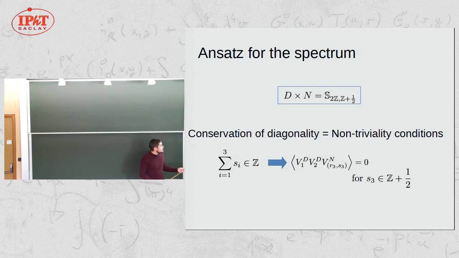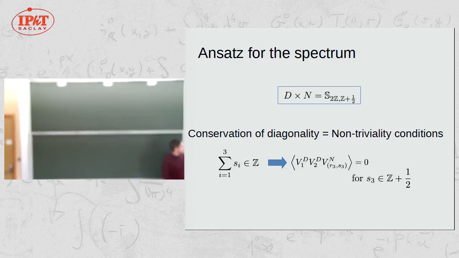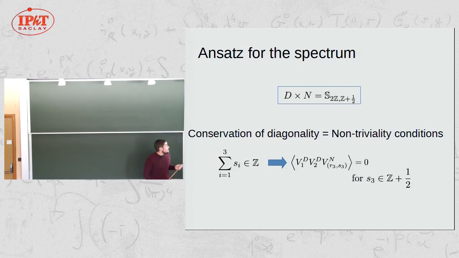Thus, if we take a 3-point function with 2 diagonal fields and 1 non-diagonal field, we find that it will always be 0 because the index S3 of the third field is a half integer. So this condition is not satisfied. So even though we said that we wanted this property to hold as a part of taking the limit, it's also interesting to see that it was already enforced for this spectrum because of the degenerate crossing symmetry constraints.